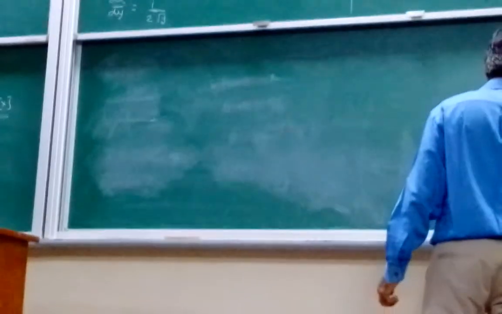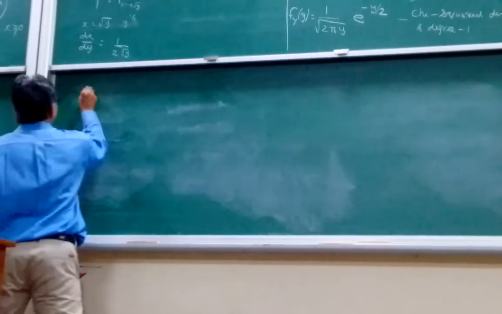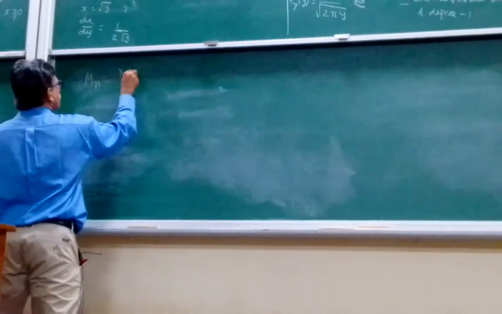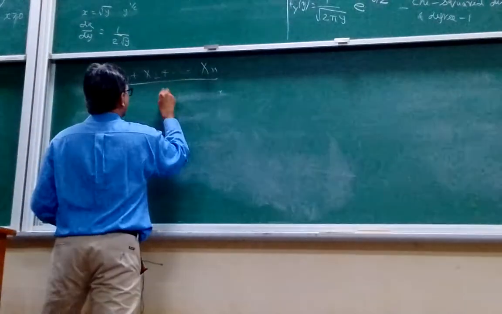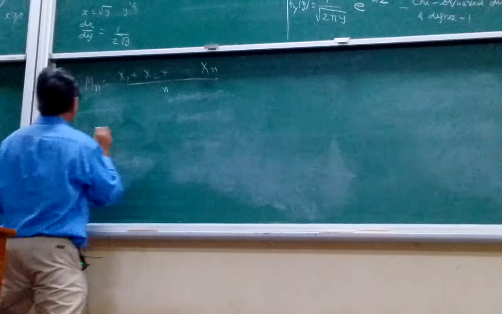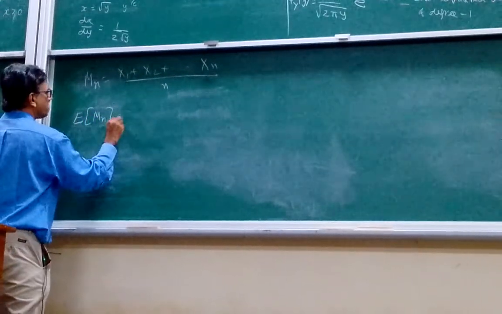So you can find the expectation and variance of Mn. What is Mn? It is (X1 + X2 + ... + Xn)/n. What would be the expectation of Mn?